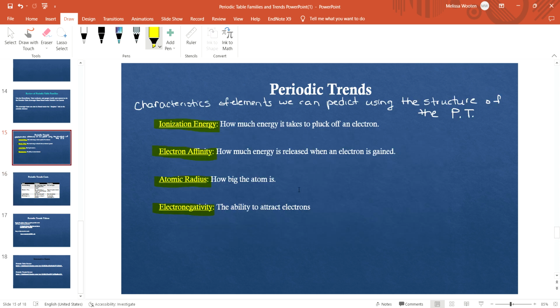But just really understand the definitions. I might give you, hint, hint, wink, wink, vocabulary matching on this, and then I might ask you to rank 2 or 3 elements from smallest ionization energy to largest ionization energy.